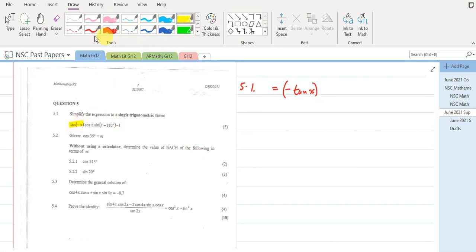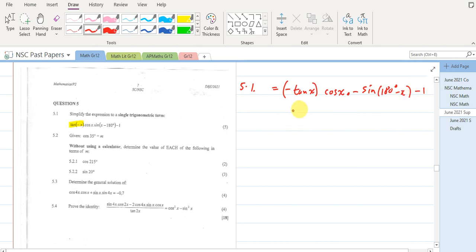Then cos x remains as cos x. Sine of x minus 180, you can use negative angles there and take out a negative, so it becomes negative sine of 180 minus x, and then minus 1 at the end.